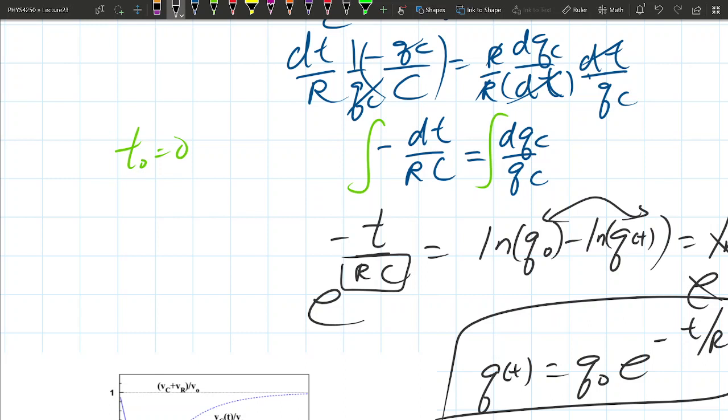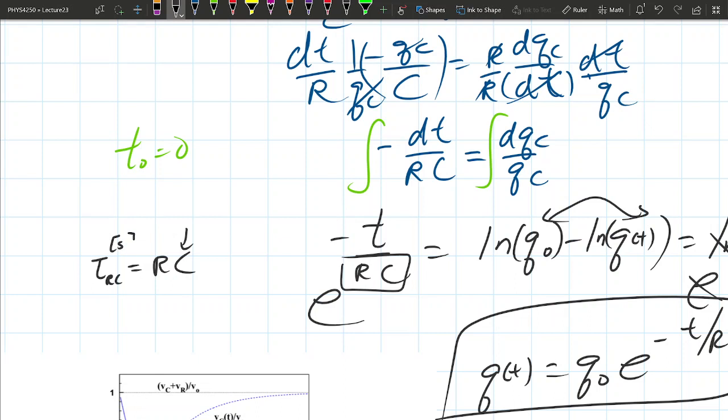When something has decayed by e to the minus 1, or 1 over 2.718, whatever that number is, that's a characteristic time because they just have to pick something. It's nothing super special about it, but this is something we pick in order for everyone to talk about the same thing. So for an RC circuit, this tau is equal to RC.